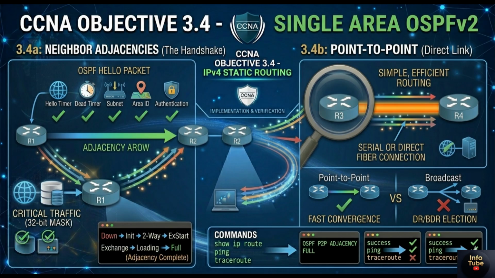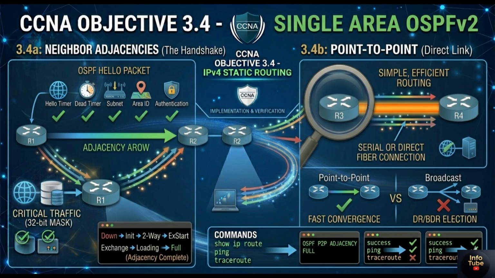They must be in the same OSPF area, usually area 0. Subnet. They must be on the same primary IP subnet. Hello/dead timers. They must agree on how often to say hello. Authentication. If one uses a password, the other must use the same one. If these don't match, the adjacency will fail and no routing will happen.